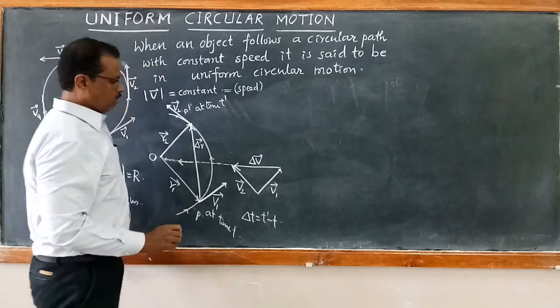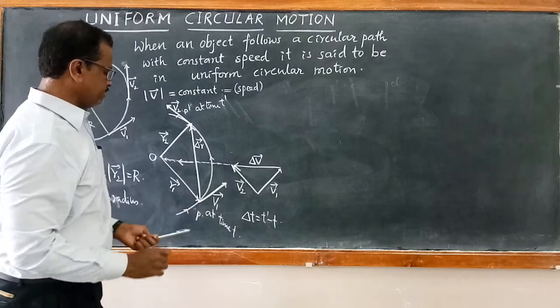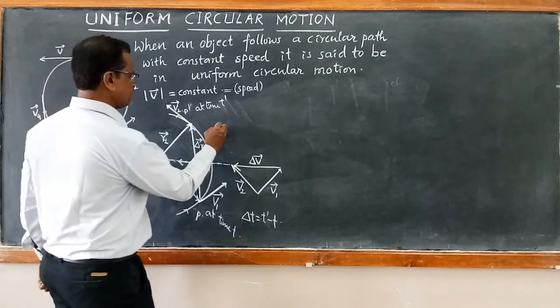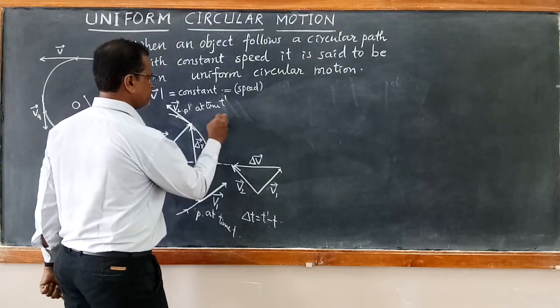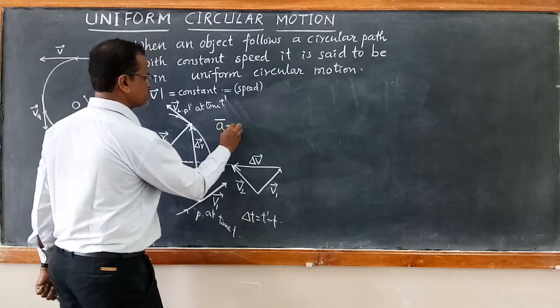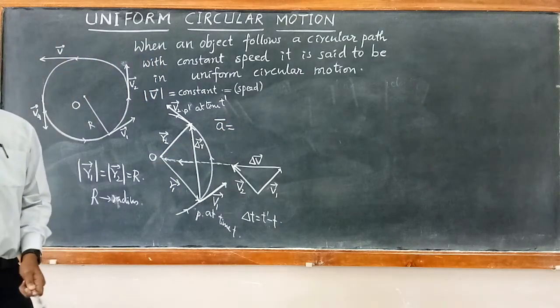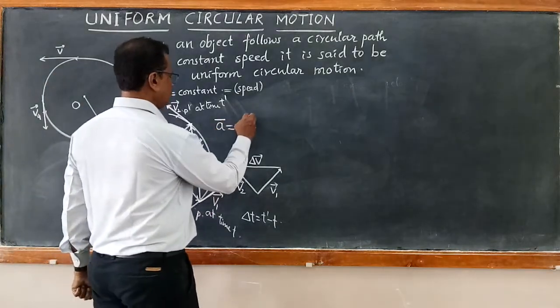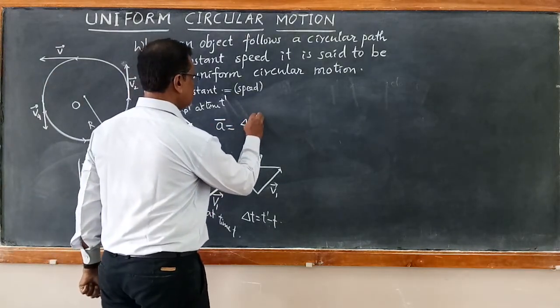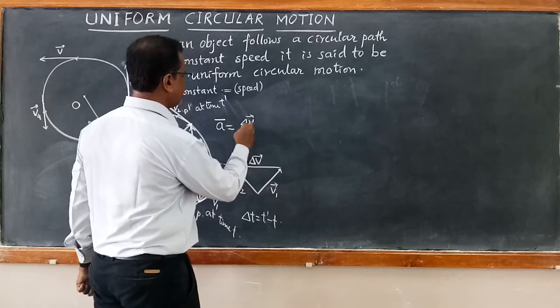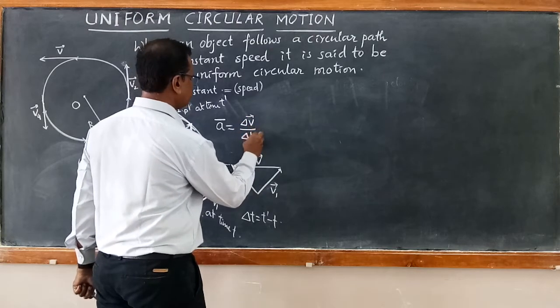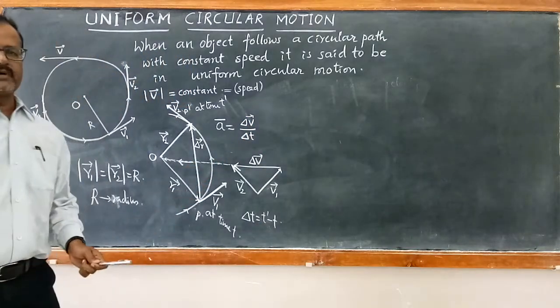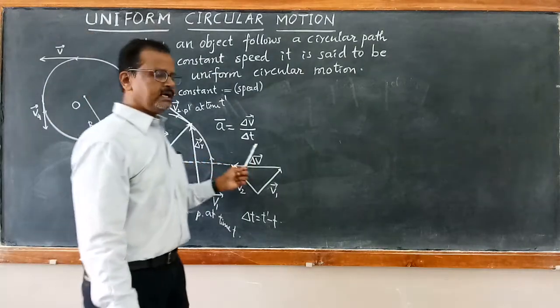Okay. Now first we will calculate the average acceleration in this particular time interval. Average acceleration is denoted by a bar. It is defined as change in velocity vector by time taken, change in velocity vector delta v by delta t.